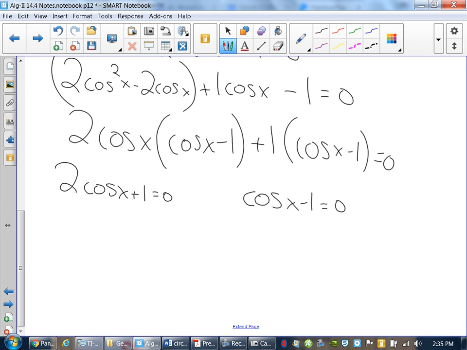First equation, subtract 1, divide by 2. What angle has a cosine value of negative 1/2? Well, where is cosine negative? Cosine's negative in quadrants 2 and 3.